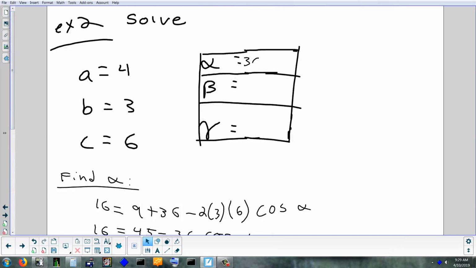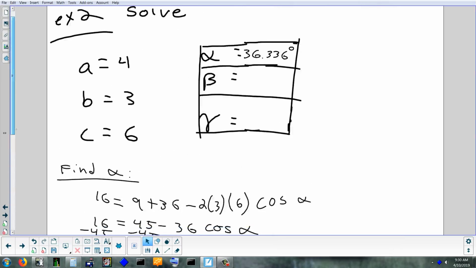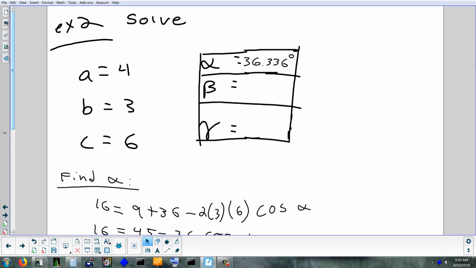All right. Okay. Devin, what angle do you want to find next? Beta. Okay, so we're going to find beta. Is there anything someone could tell me about beta based on what I know so far?